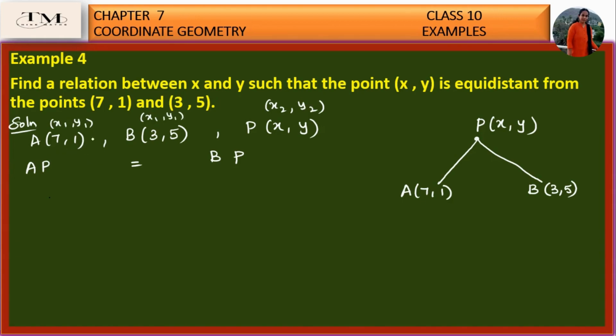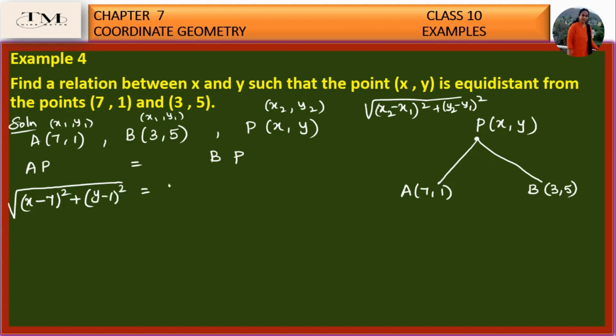So first AP. The distance formula is square root of x2 minus x1 whole square plus y2 minus y1 whole square. So square root of x2, x2 is x, so x minus x1 which is 7, x minus 7 whole square plus y2 is y, so y minus 1 the whole square, which is equal to BP, x minus 3 the whole square plus y minus 5 whole square.